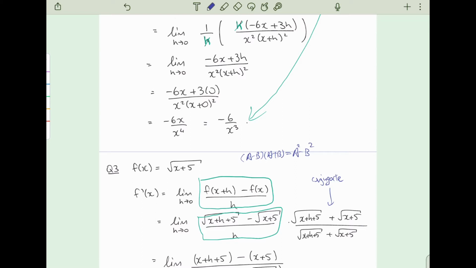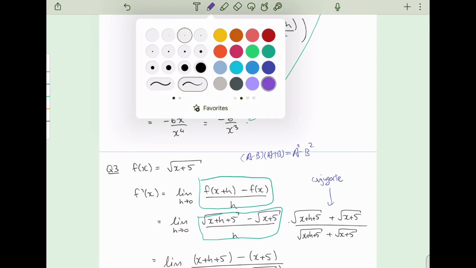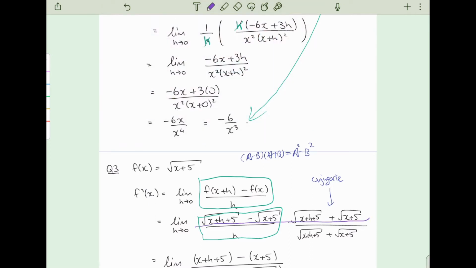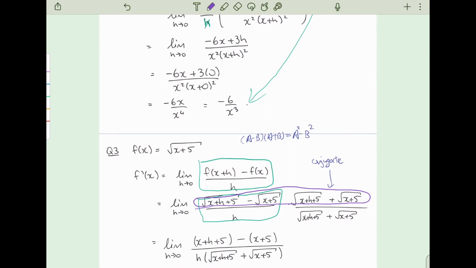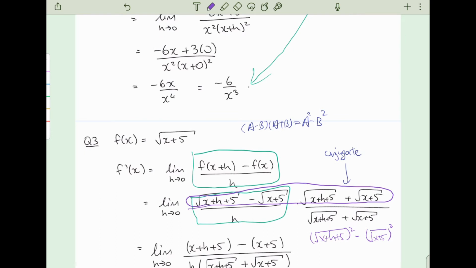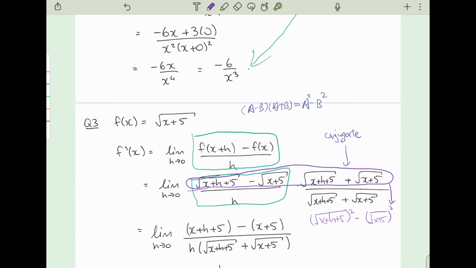So the top expression here, the purple expression, becomes a squared minus b squared, which is the square root of x plus h plus 5, bracket squared, minus this square. The square root cancels with the square, so we are left with this guy here.